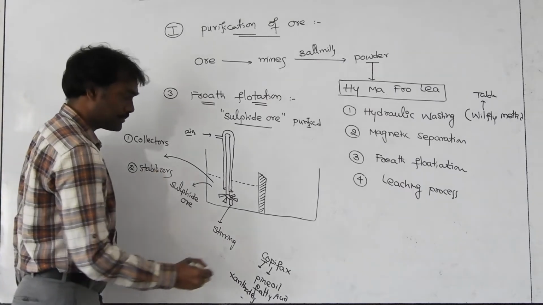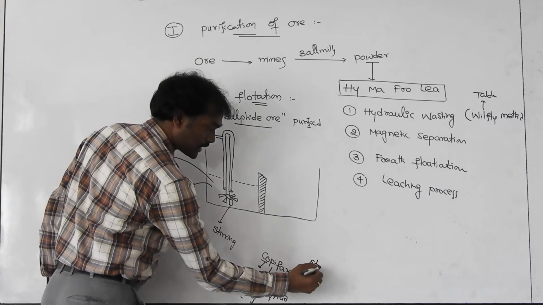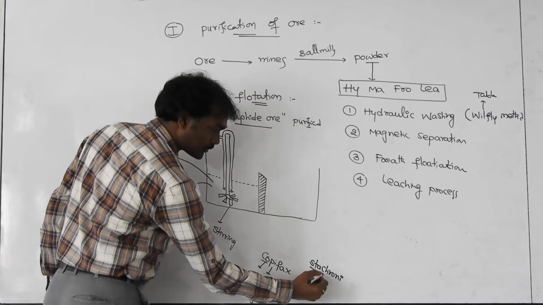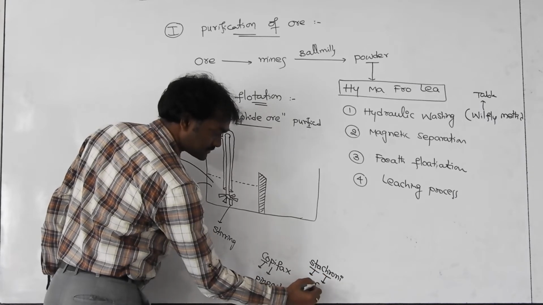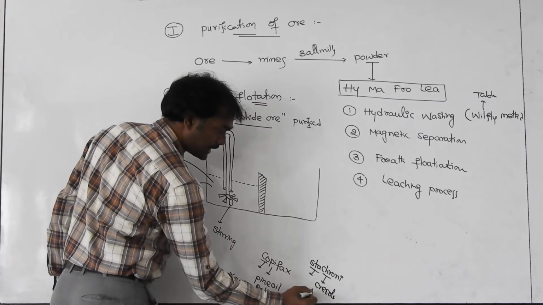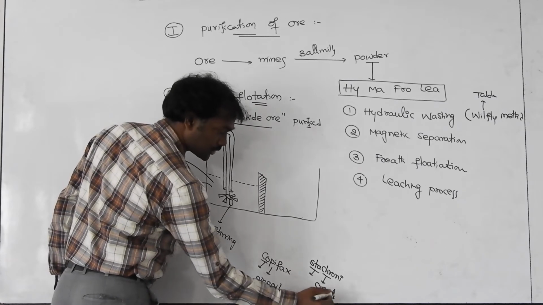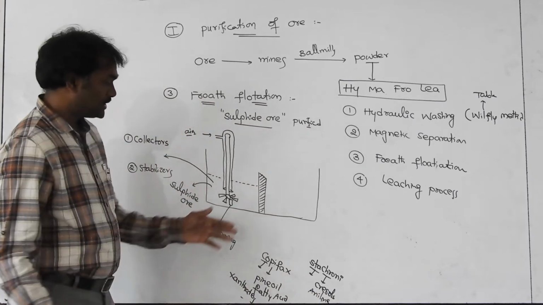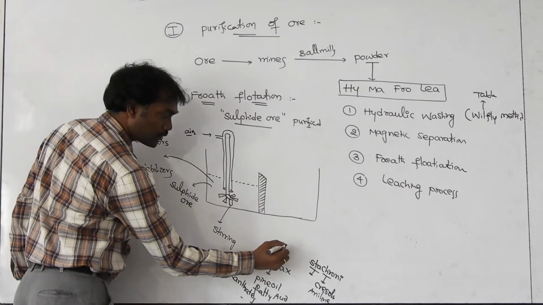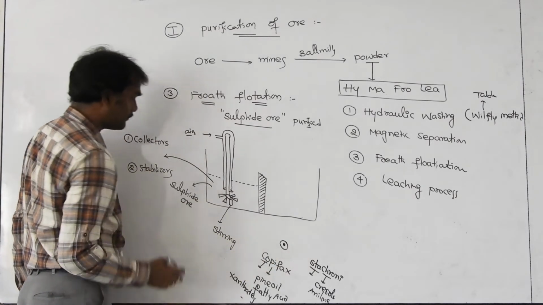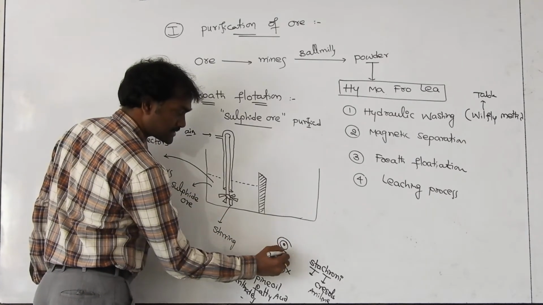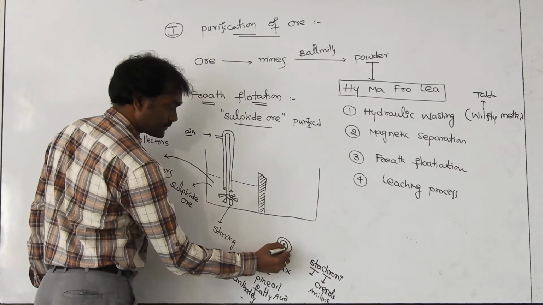Next, the stabilizers. What are stabilizers? Cresols, organic substances, and anilines. What happens to this? The ore particle is surrounded with stabilizer, and the stabilizer is surrounded with collectors.